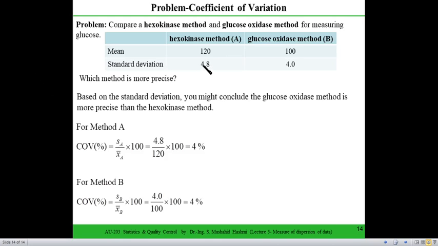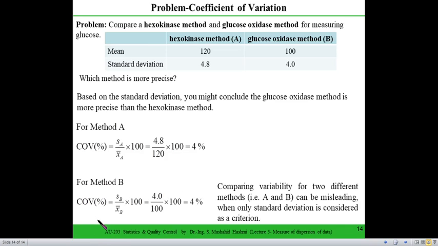So our initial judgment based on standard deviation, that B is more precise, becomes wrong. From the coefficient of variation, we conclude that both methods have the same value, so we cannot say which one is more or less precise. That is the important aspect of the coefficient of variation, because it takes more information into account.